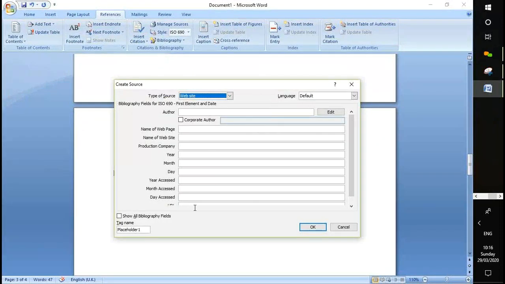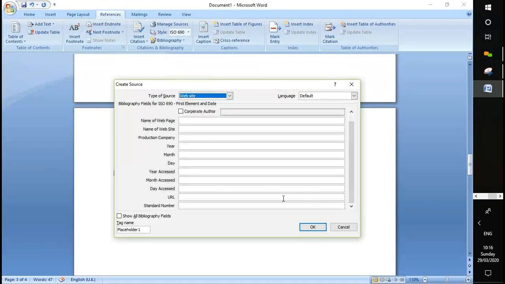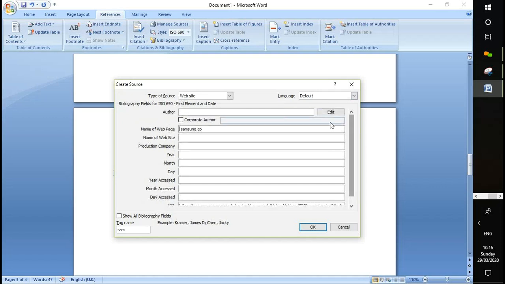I can go back and copy the full website link, which is called the URL, and then paste the web page there. A website normally has authors, but it can be that Samsung itself is the author, so I can just put Samsung as author.